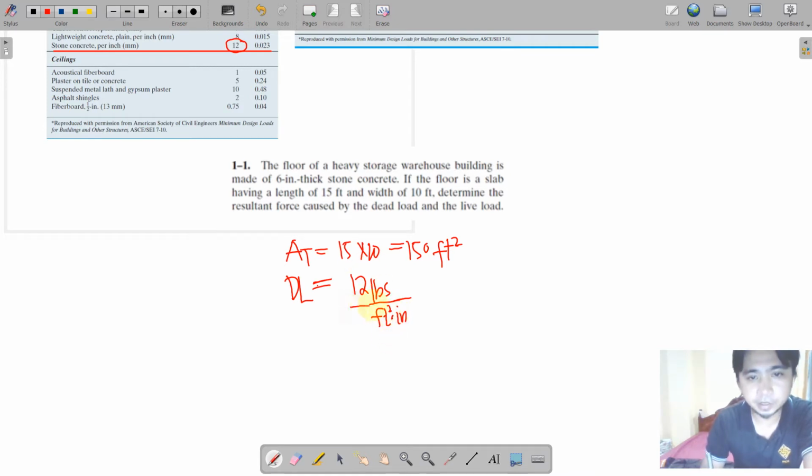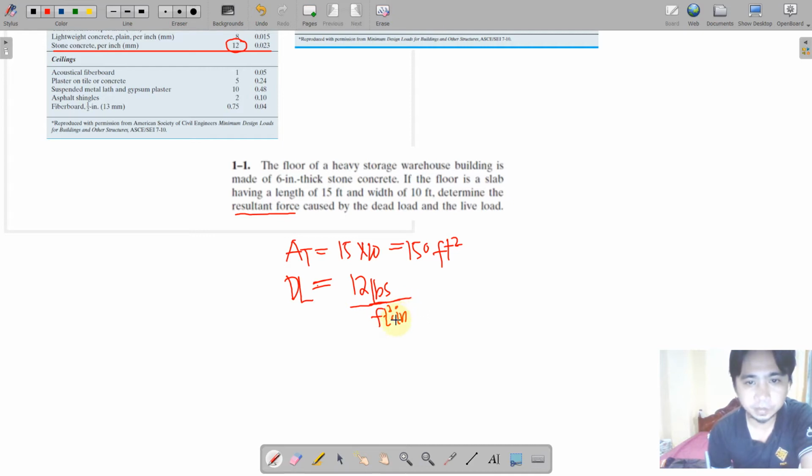Okay, so how shall we come up with the unit force? Because we are to determine the resultant force, and the force is in pounds in English. So if we multiply by 150, we eliminate the feet squared here, and then the inches remains at the denominator.